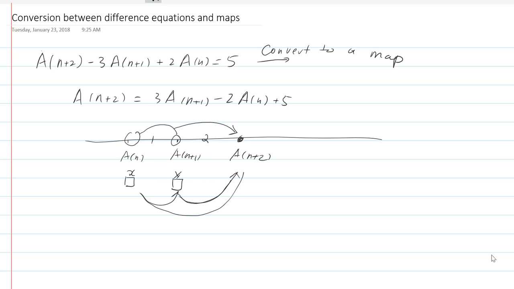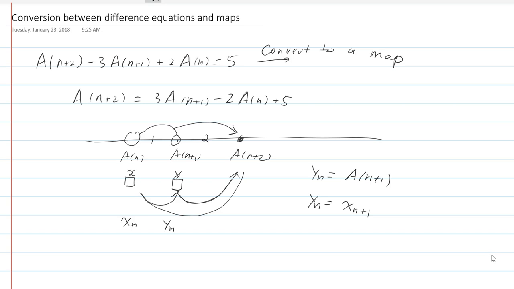We're going to call a_n to be, say, x_n. Okay? And this one over here is going to be y_n. So we're going to just call y_n to be a_{n+1}. Okay? So now we're going to move forward. You can see y_n is really just x_{n+1}, right?